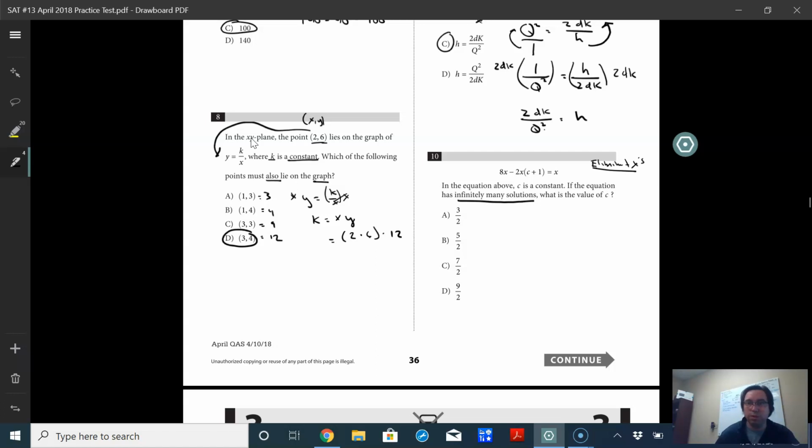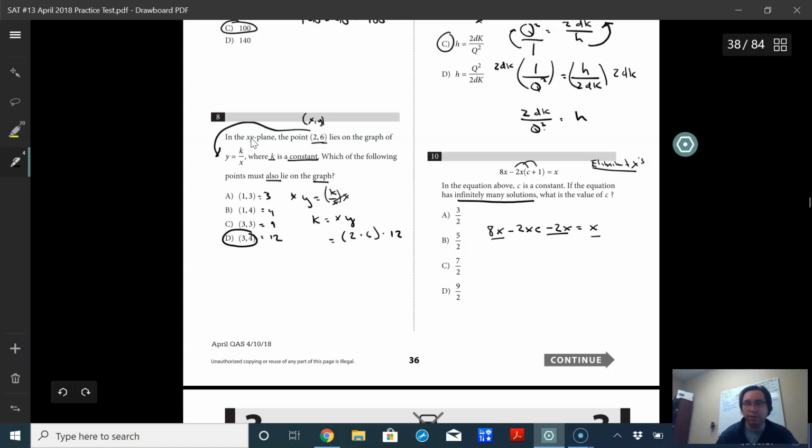So let's go ahead and distribute this into this and this into this, right? So let's rewrite our equation now. So now we have 8x minus 2xc minus 2x, which then equals x. And so we want to combine our like terms. We have negative 2x, we have 8x, and we have x.